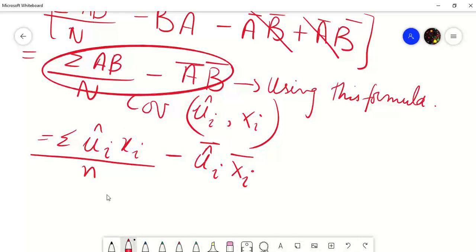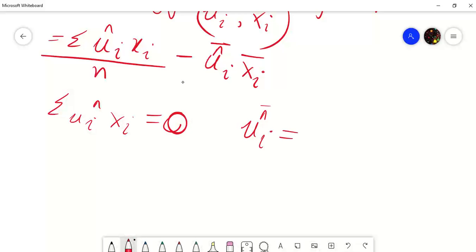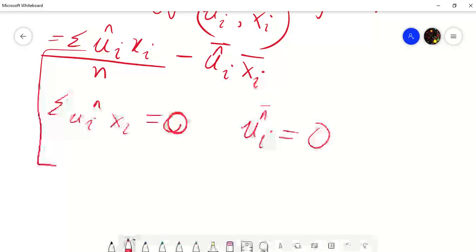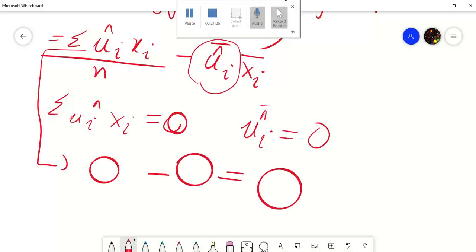We have already proved that summation mu I hat xi is 0 in the previous property. And we also proved that mu I hat bar is equal to 0. So from this formula, if summation mu I hat xi is 0 minus mu I hat bar xi bar, this term is also 0, then the whole expression is equal to 0.